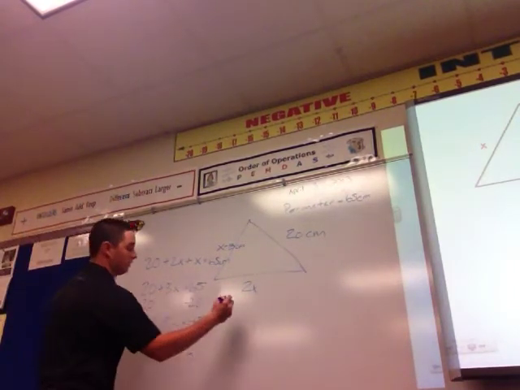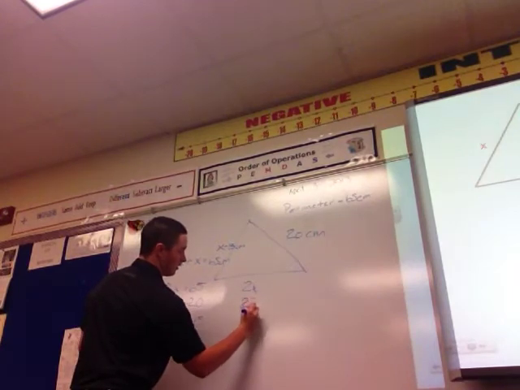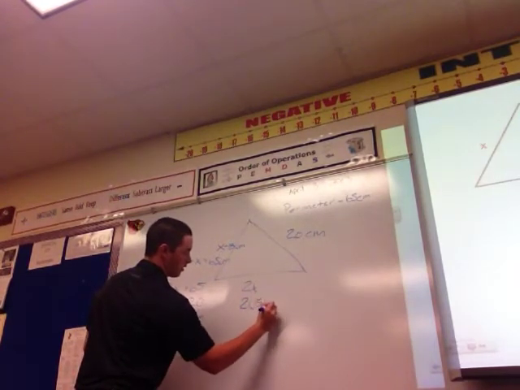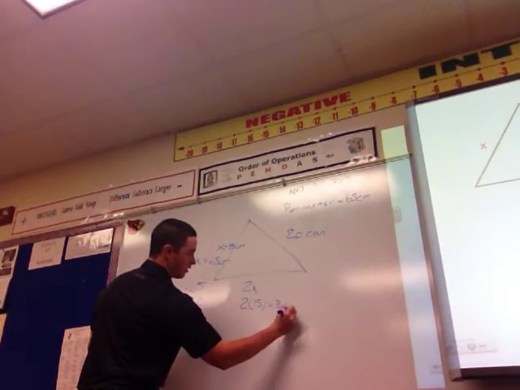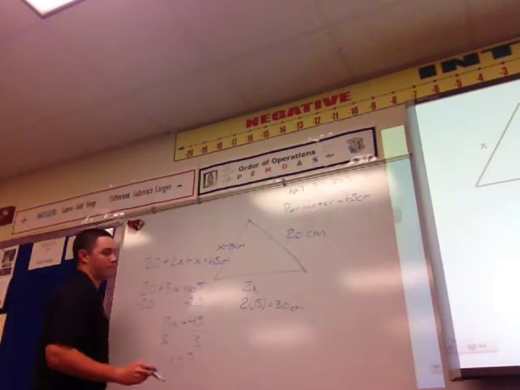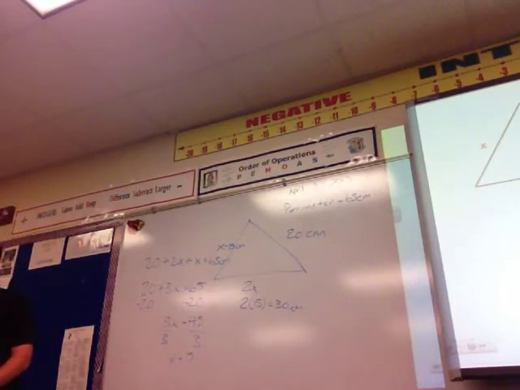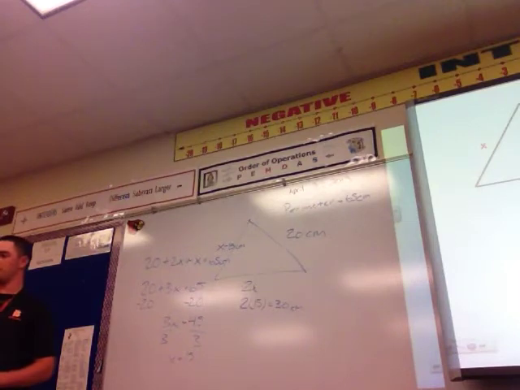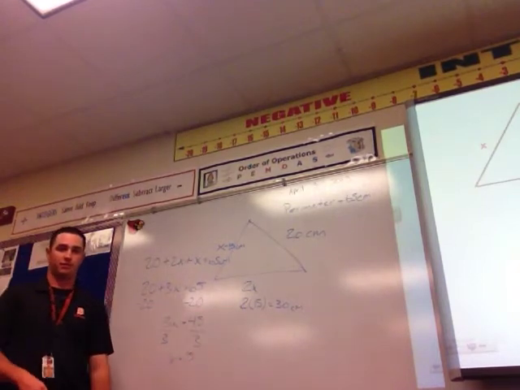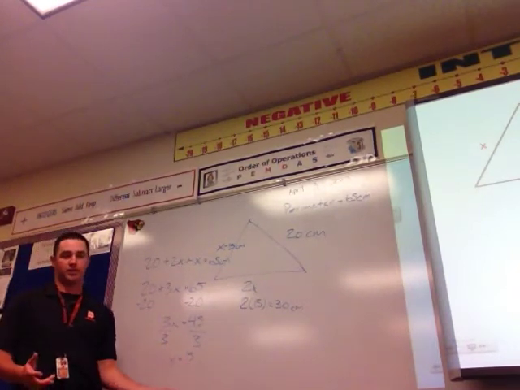So we get 2 times 15, 30. So that's how we're going to solve those. We have all the side lengths, don't we? We've solved for everything we need to, so that's how we know we're done.